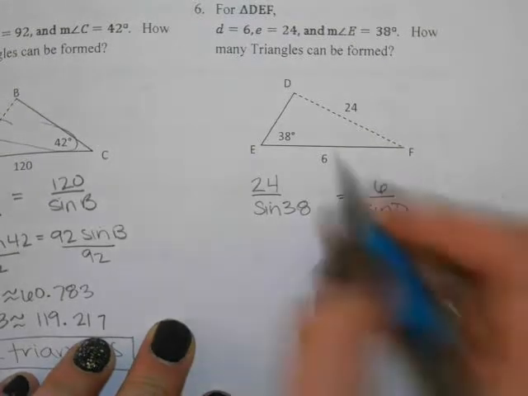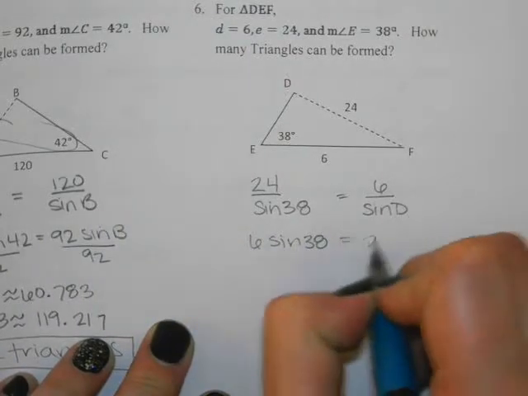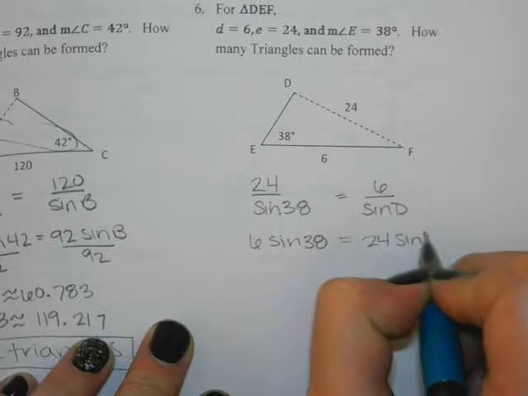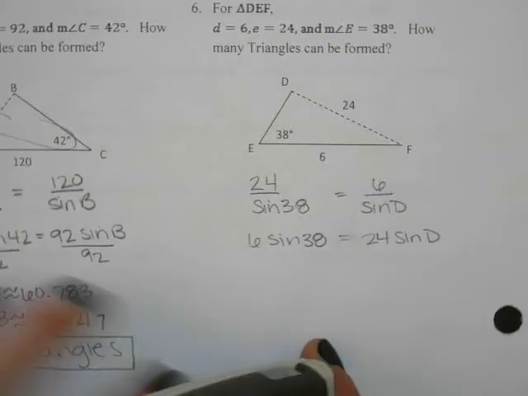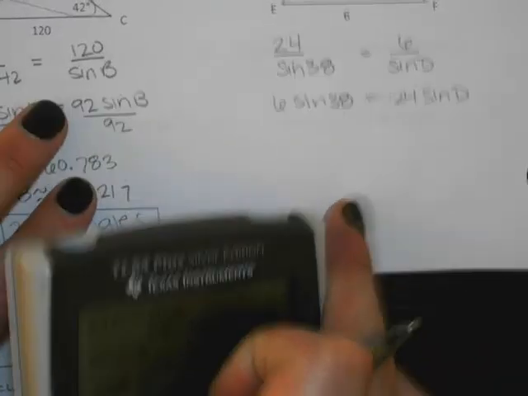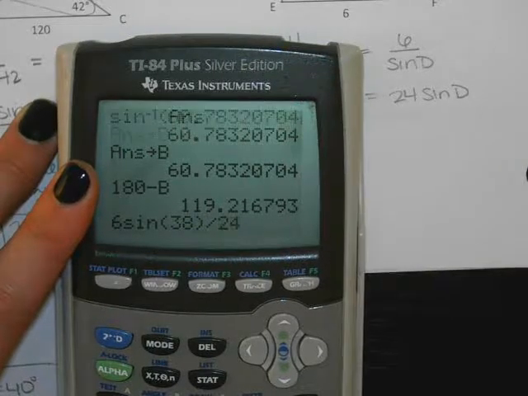All right, we're going to cross multiply. 6 times sine 38 equals 24 times sine D. And so for me to solve for that angle, I'm going to have 6 times sine of 38 divided by 24.